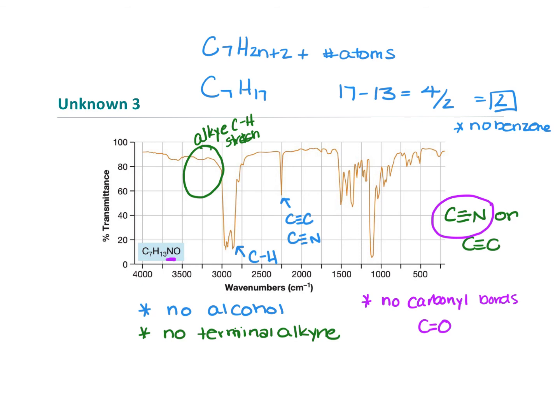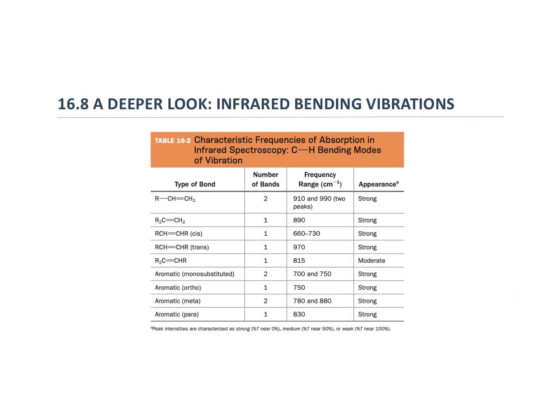So we are going to finish up our IR before we go on to UV VIS by just talking briefly about bending vibrations. I want you to notice that most of the bending vibrations here are in the fingerprint region.